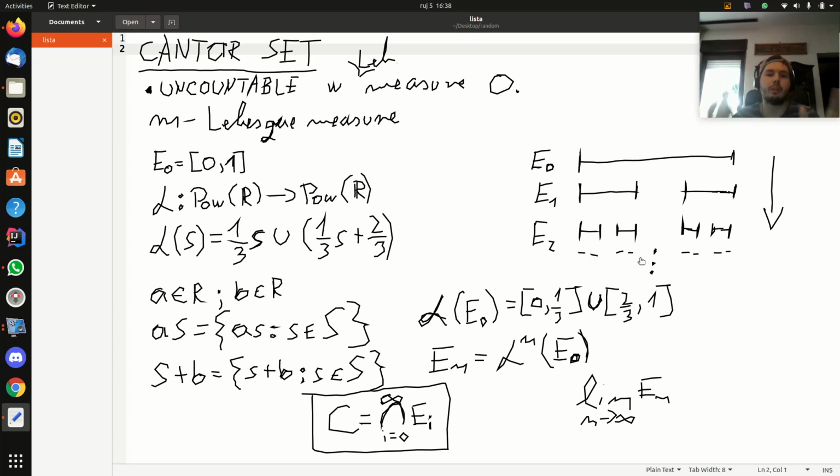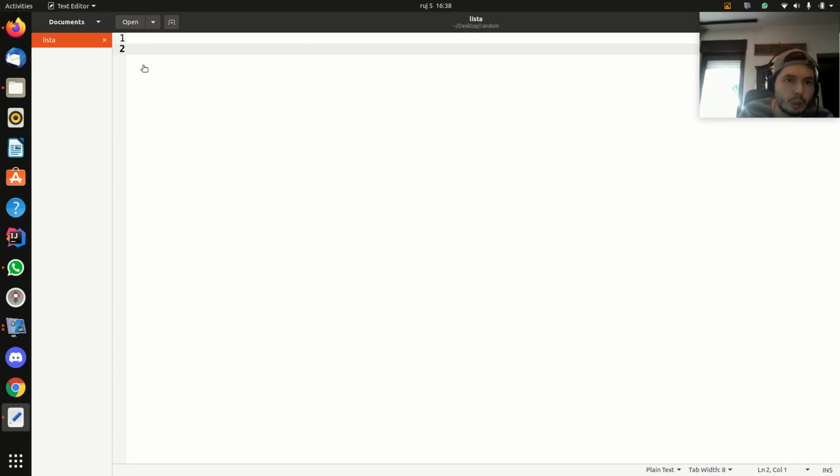And now the two things we want to show is that the Cantor set has Lebesgue measure 0 and that it's uncountable. Okay. And first we are going to show that the Cantor set has measure 0, and this is a claim.